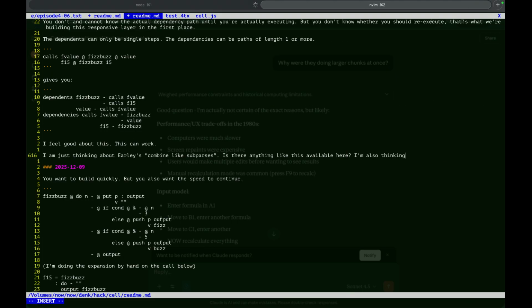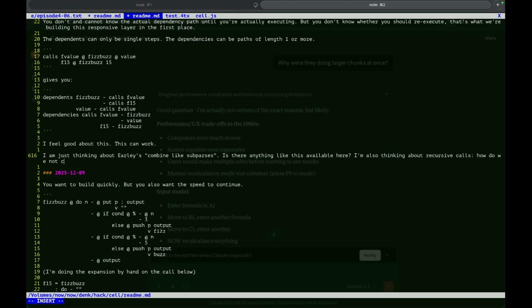I'm also thinking about the recursive calls. How do we not consider them to be circular dependencies? A low effort way of doing it is to track cycles in what triggers recalculations.